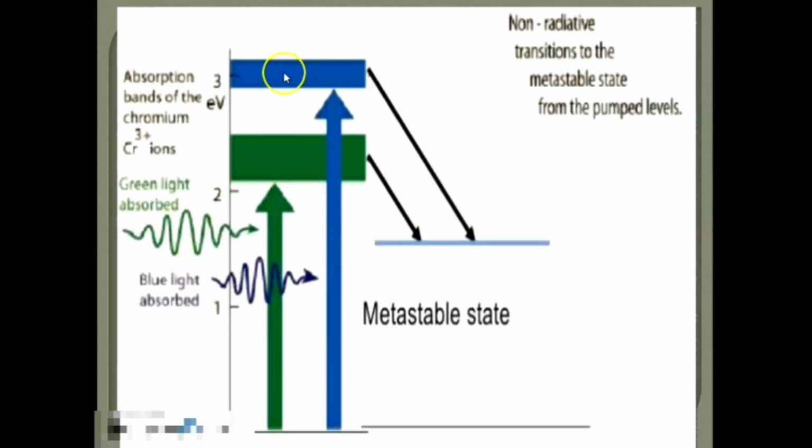The lifetime of the exciting level is 10 to the power minus 8 seconds, and the lifetime of this level is 10 to the power minus 3 seconds. It means chromium ions can survive in this level 10 to the power 5 times longer than in the other level, and this state is also known as the metastable state.